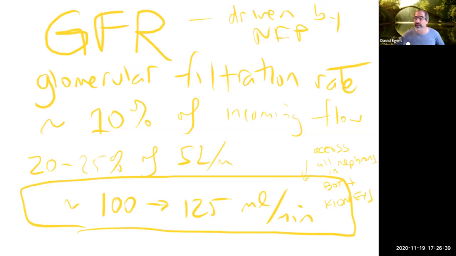I'm going to be drawing a picture of the nephron and saying, oh, here we've got 125 mils per minute or something, but that's if you add all the nephrons together.